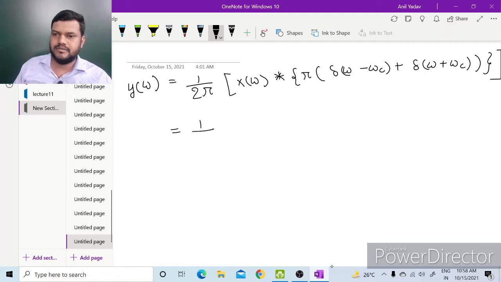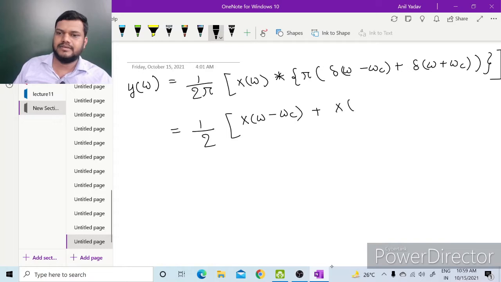So this will be 1 upon 2. We know any x(t) convolved with delta(t) is x(t), and x(t) convolved with delta(t minus t naught) is x(t minus t naught). So this will be X(omega minus omega c) plus X(omega plus omega c). This is our modulation theorem.